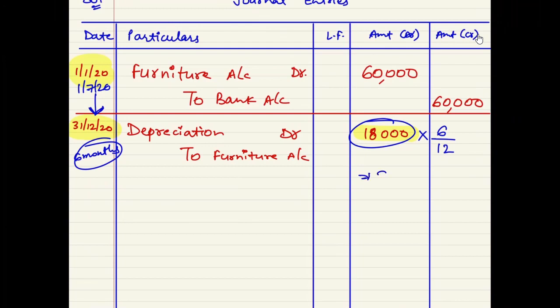So it will be rupees 9,000 depreciation for the first year. Why? Because the time you have used is only 6 months. That is the reason your depreciation will be prorated, meaning according to the months it is used. But obviously this is not the case in our scenario, so I am just removing that, but explaining that if this was the case, this is what we would have done.